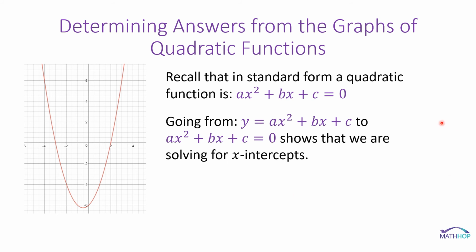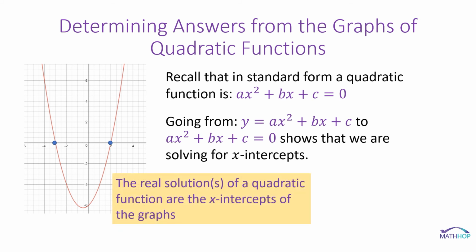Remember, this is where our f of x or our y is. So when that is 0, we are dealing with x-intercepts. So the solutions to these graphs are the x-intercepts. So if we label them right there, the solutions of a quadratic function are the x-intercepts of that graph. This will only be true for real solutions, or quadratics that have real solutions.